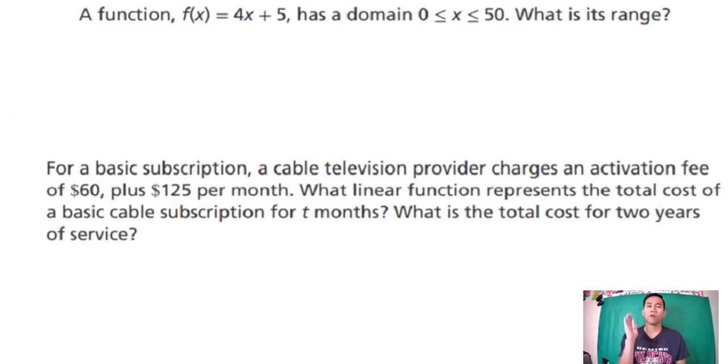If we are going to interpret this, I'll just write here, your domain is x is greater than or equal to 0, but x is less than or equal to 50. So you have to focus on the 0 and the 50. So what will be our range?